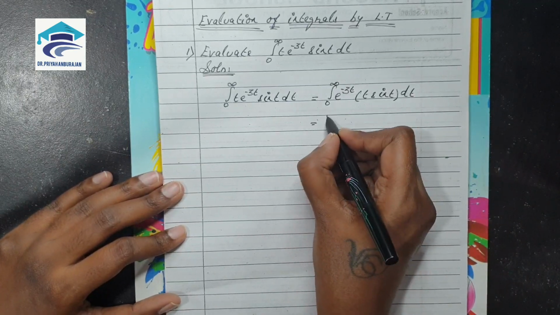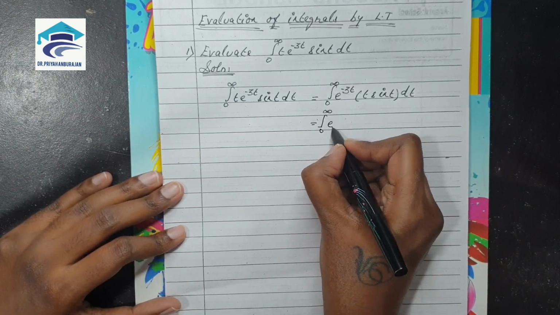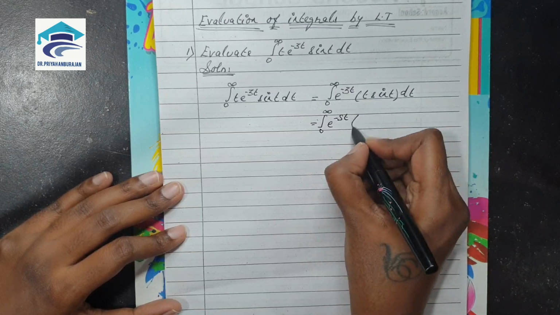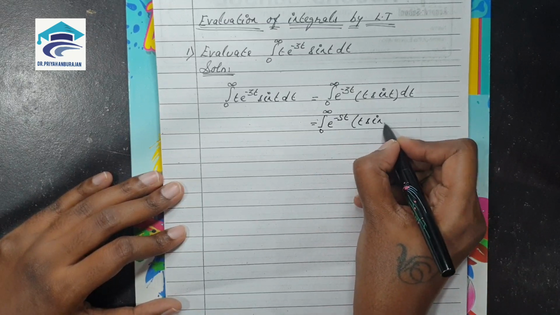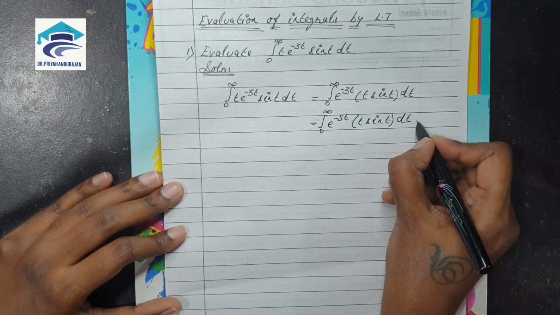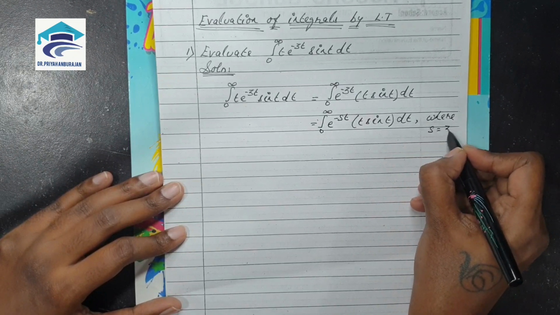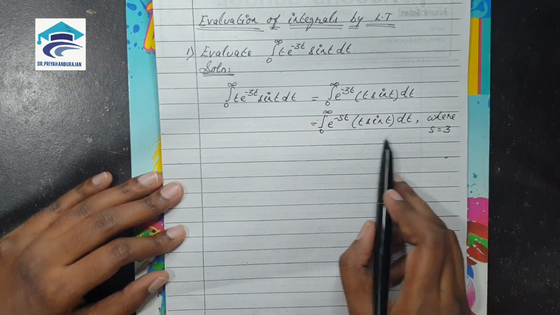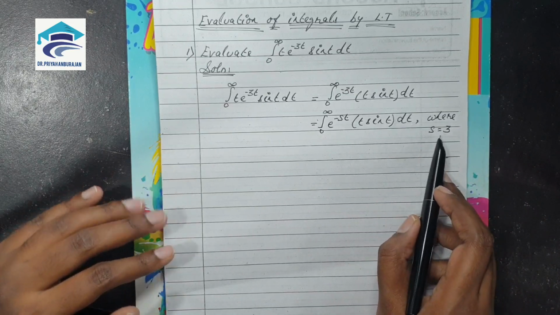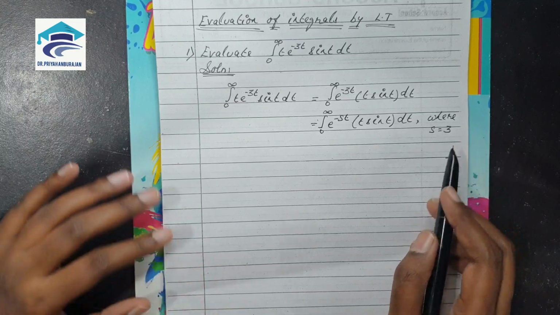And let me write this as integral 0 to infinity e power minus st t into sin t dt, where s is equal to 3. That is, we are going to find the value of this and we are going to substitute s is equal to 3 at the end of the problem.